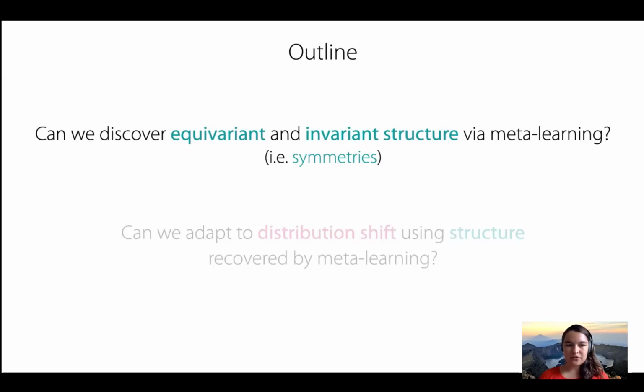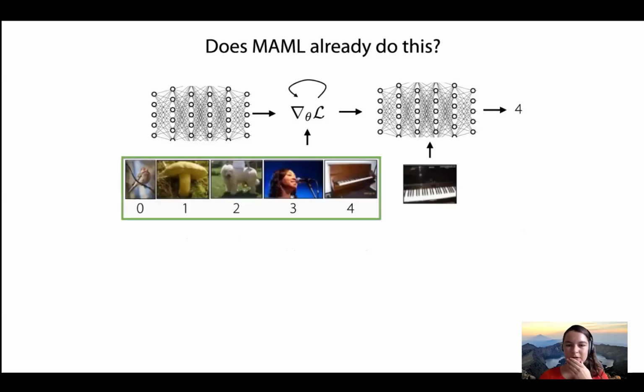Now, the first natural question here is, does meta-learning already do this? And in particular, does the MAML algorithm, the model-agnostic meta-learning algorithm, already allow you to discover a structure and use that when transferring to new tasks? Now, it's worth noting that MAML can learn initial features, an initial neural network that has a certain equivariance, simply by encoding that in the weights of the neural network.